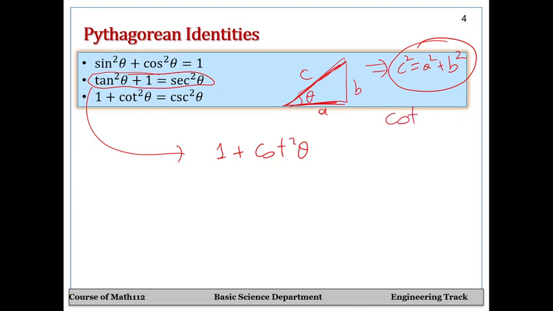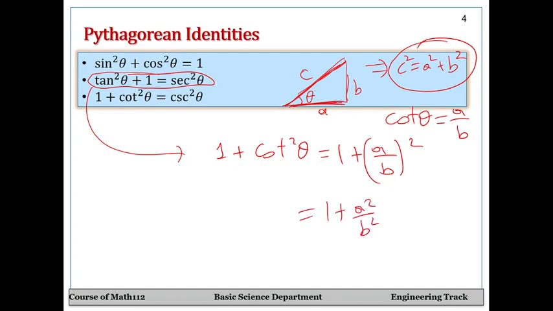Now, 1 plus cotangent squared theta. What is cotangent theta here? Cotangent theta is A over B. So this is 1 plus A over B squared, so 1 plus A squared over B squared. When you add, you get B squared plus A squared over B squared. B squared plus A squared means C squared, from the Pythagorean.